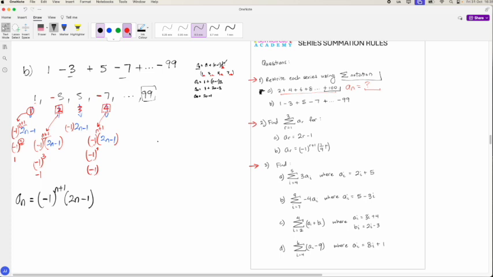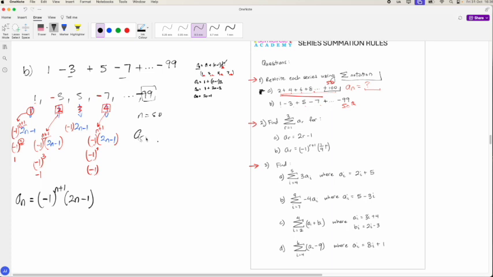It should be a similar situation with the first one, because as you can see, the first one was even numbers, and to get to 100, we ended up getting 50. So for the odd numbers, maybe the 50th number will end up being negative 99. So let's try n is 50 to see if we'll get negative 99 here. It's supposed to be negative 99.